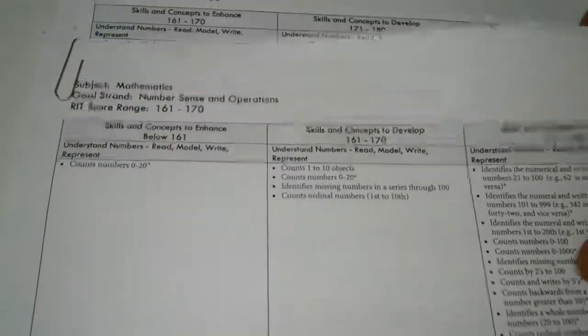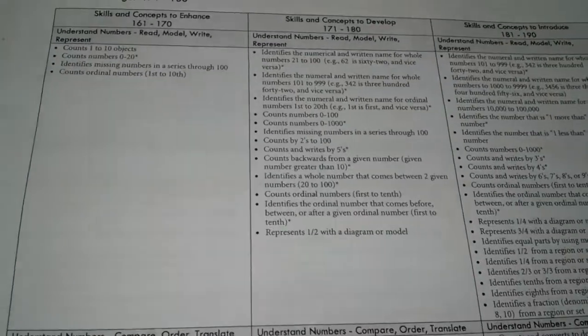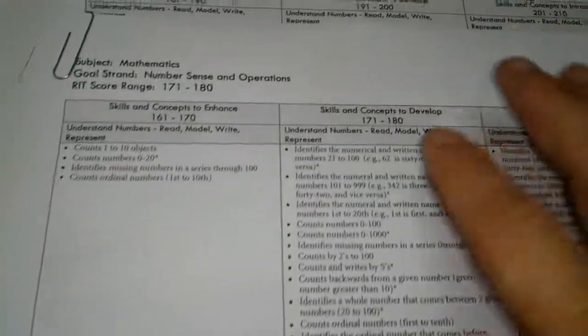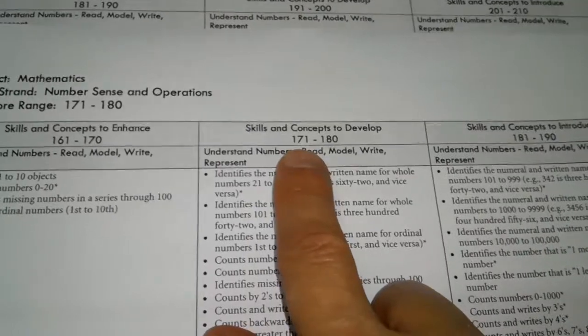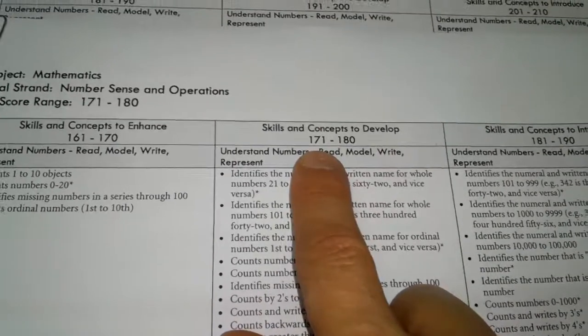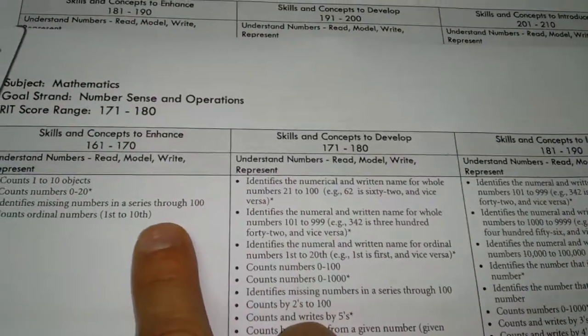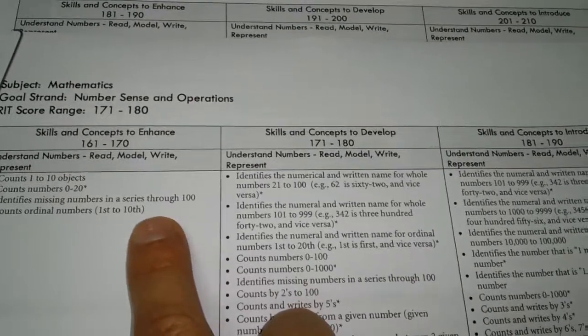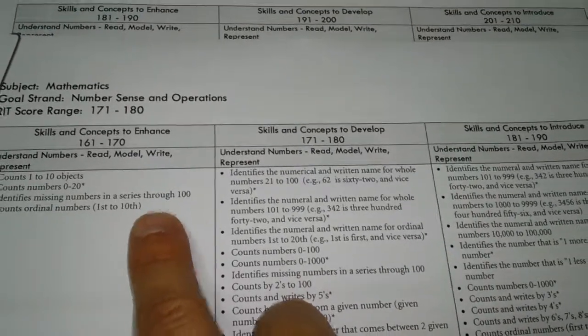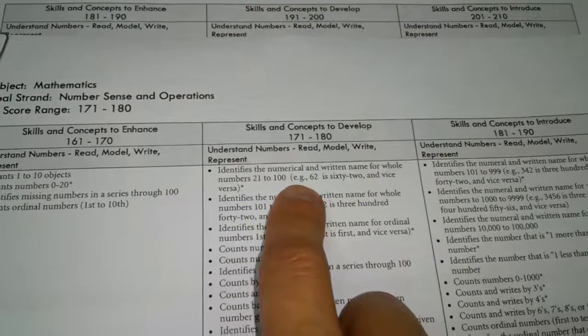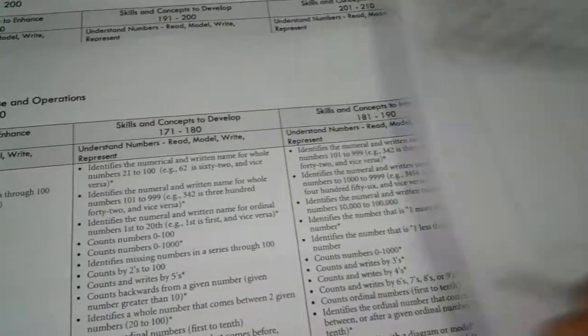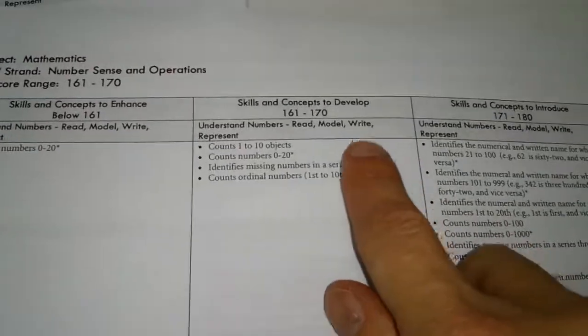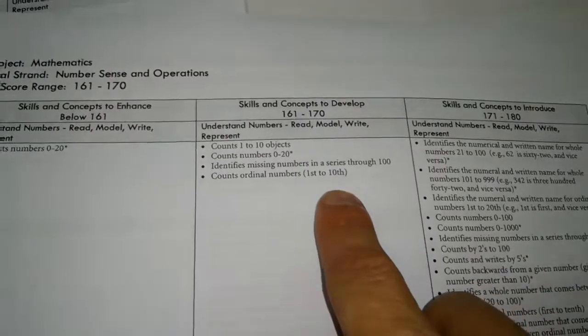And then again, we have the next group. Now I'm looking at the 170s group. So I might have a couple kids, or I might have a couple questions. Let's say I'm going to make a worksheet, something very generic. I can make three different worksheets. One set of worksheets based on the 161 to 170 group.